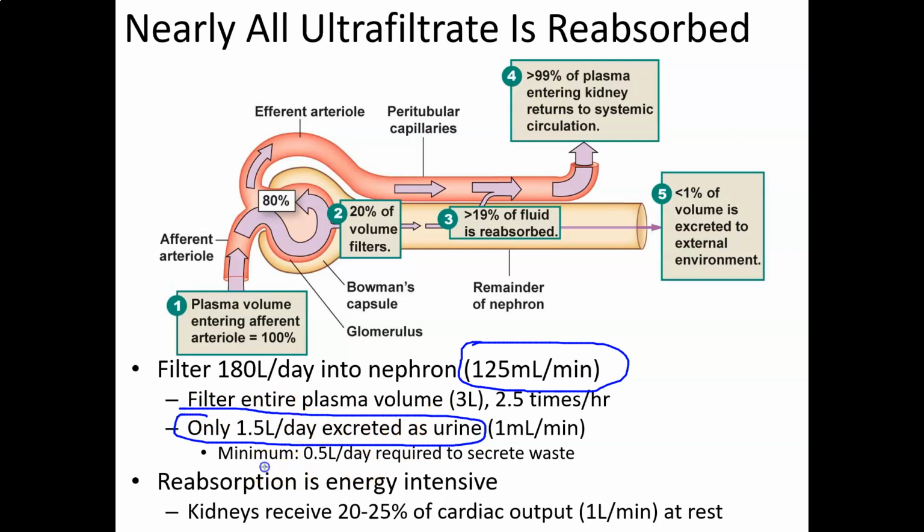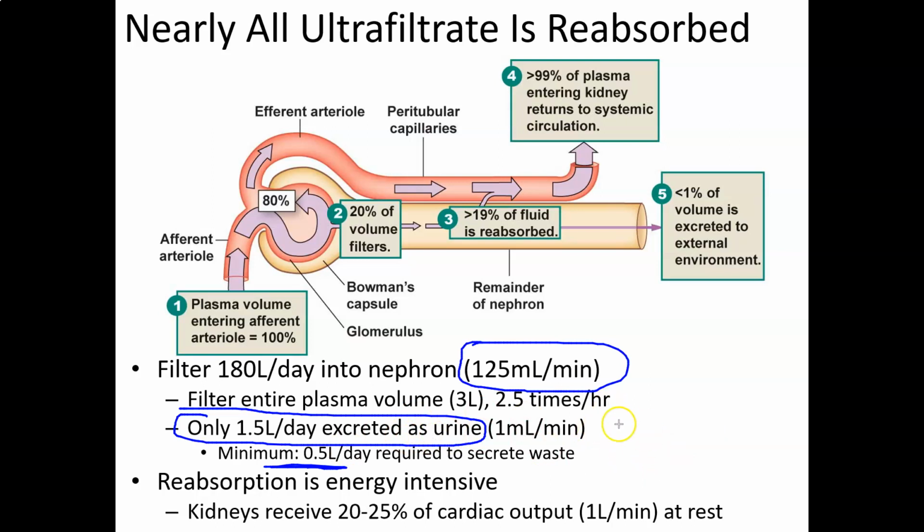If it's less than 1/2 liter, that's the minimum that you need, and that's because you need to excrete waste in your urine. And if you're not having enough fluid, we cannot concentrate the urine to a greater degree than a certain extent, and so we won't be able to get rid of as much waste as we would need to. So the minimum is about 1/2 liter per day, but the normal is about 1 liter to 1.5 liters.